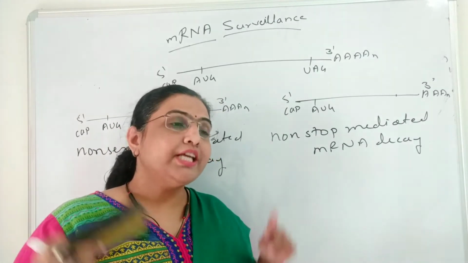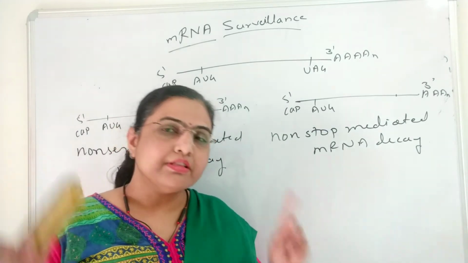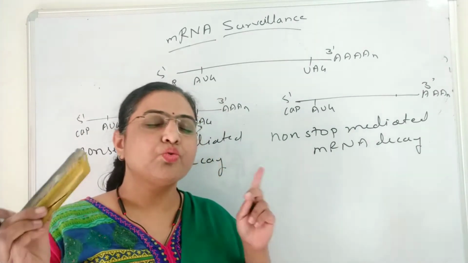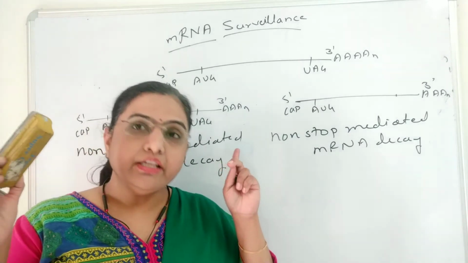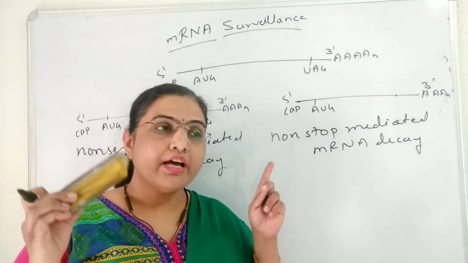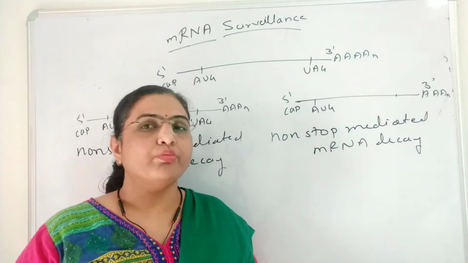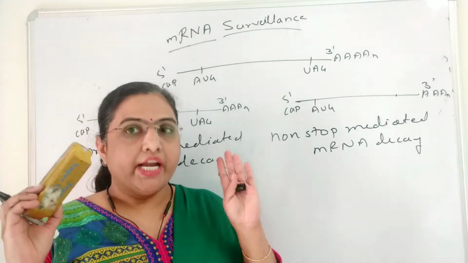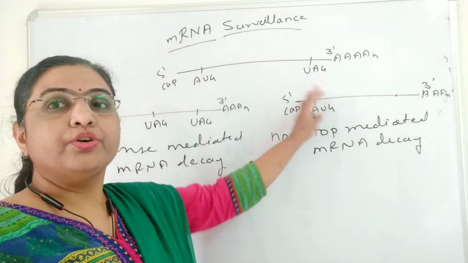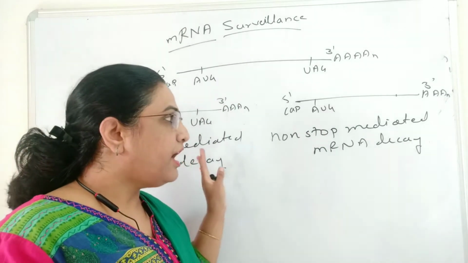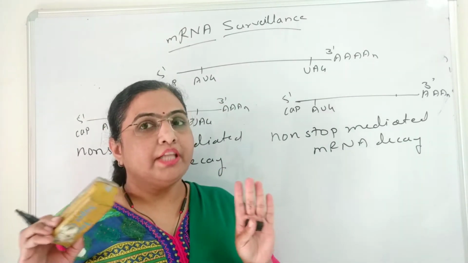In eukaryotes, each mRNA synthesized has to go for translation, and there it is checked that the mRNA is of good quality. If it is defective, that mRNA is going to be degraded.